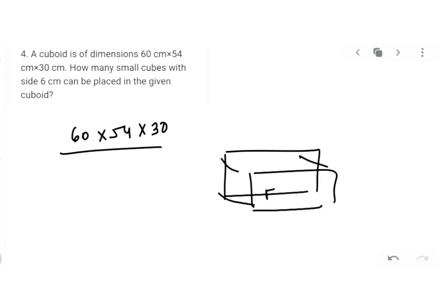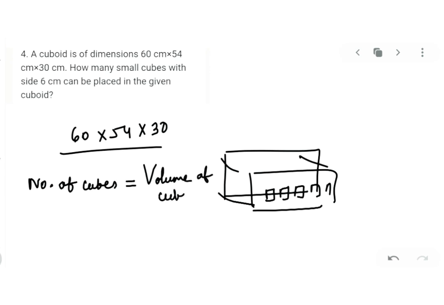How many cubes can you put? How many small cubes you will put? So the formula for that is number of cubes will be equal to volume of cuboid divided by volume of each cube.